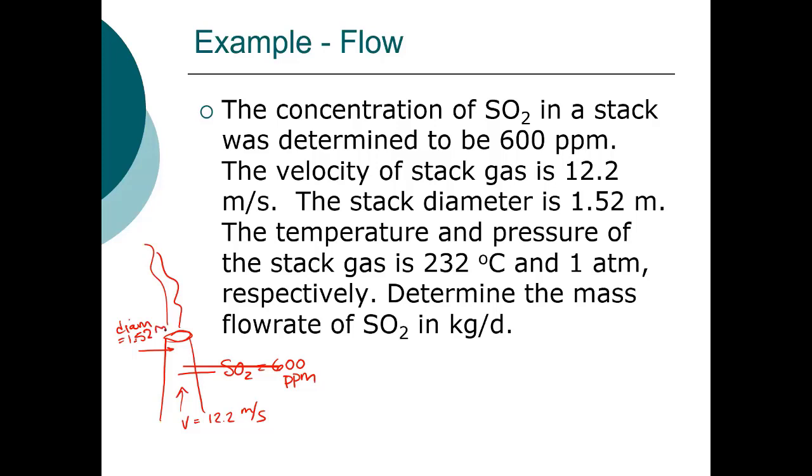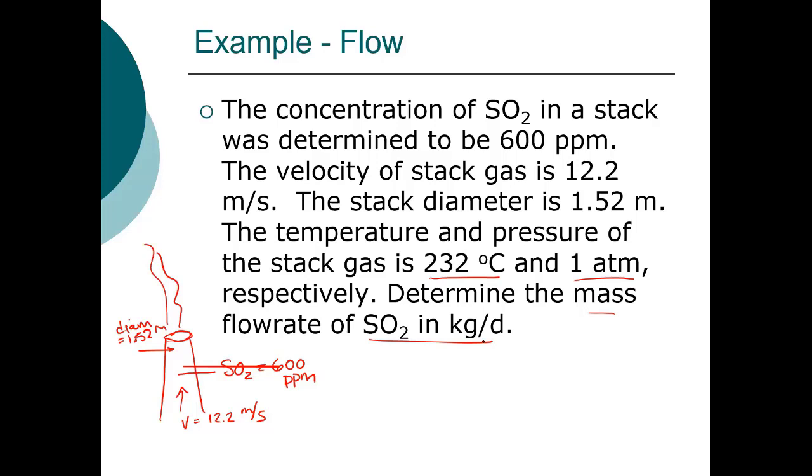You're told that the temperature and pressure of the stack gas are 232 degrees C and 1 atmosphere, and you're asked to determine the mass of CO2 leaving the smokestack. When permits are issued for any sort of stationary source, they're issued on a mass per time basis, not on a concentration.